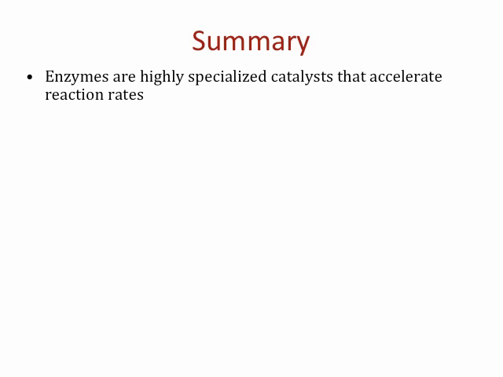So let's summarize what we have done in here. First, enzymes are highly specialized catalysts that accelerate reaction rates. Normally, they have reaction specificity and substrate specificity. Sometimes the substrate specificity is low, leading to what's called a promiscuous enzyme. It can act on many different substrates.